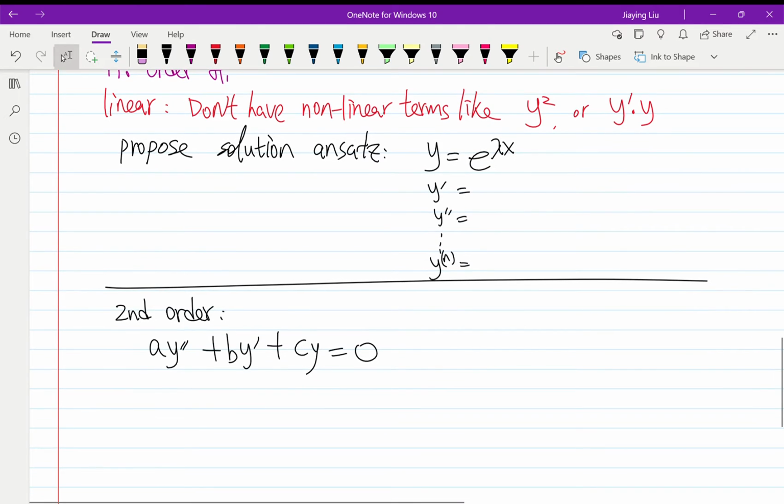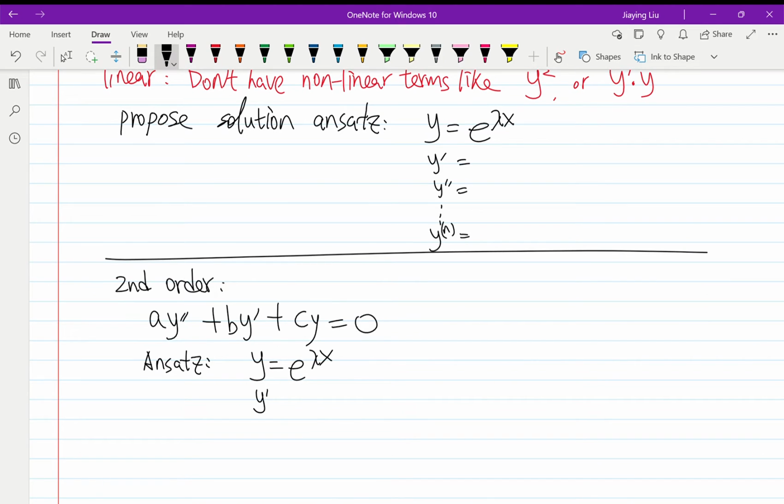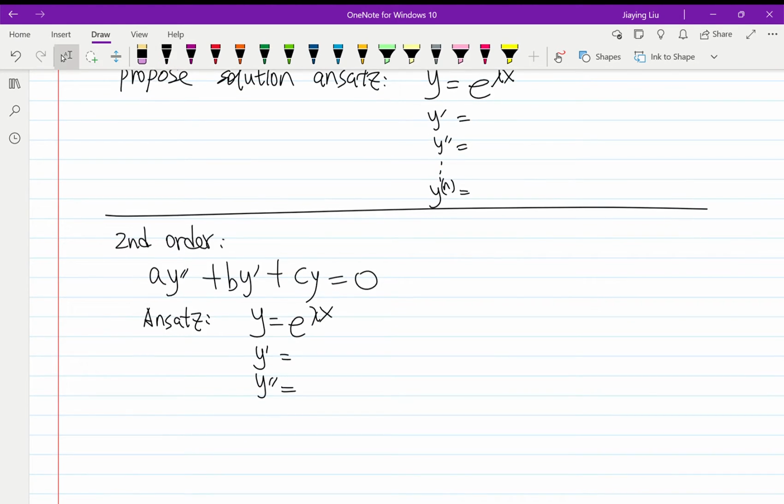So how do we solve this? We begin with the ansatz, the same one: y equals e to the lambda x. We find the derivatives, and then we put them back into the differential equation and see if it works. If it works, at some point we're going to end up with what we call the characteristic equation.